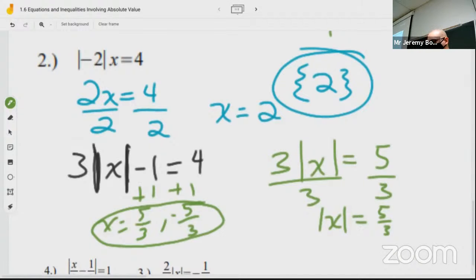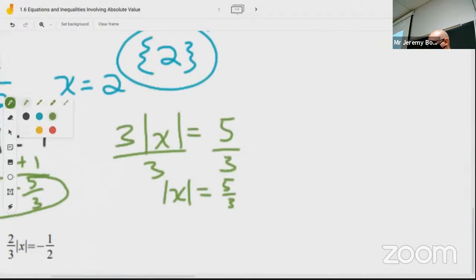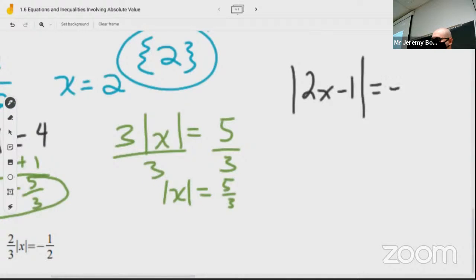And one last one I want to make up before we go on to this other one. I might do 2 more, actually. And the absolute value of 2x minus 1 is equal to negative 3. What do you think I need to do there?